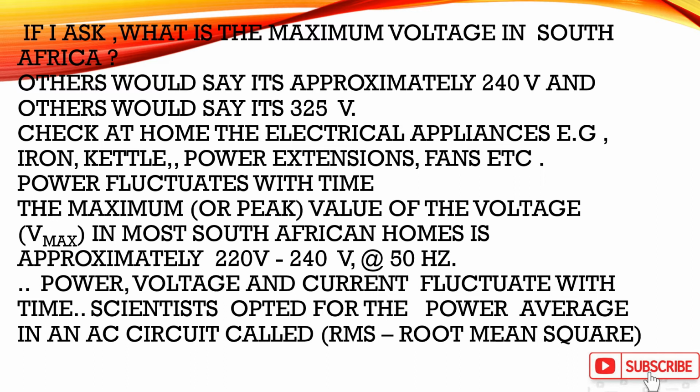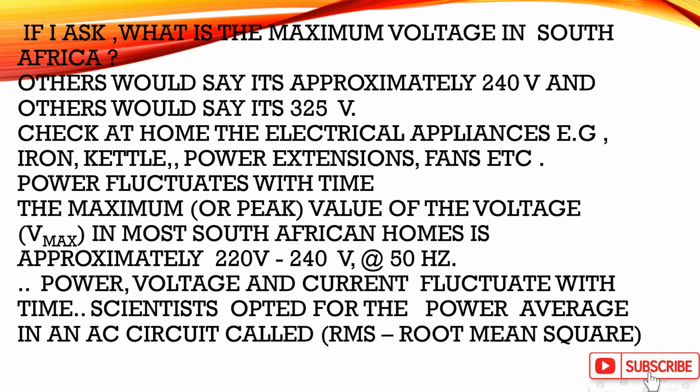If I ask, what is the maximum voltage in South Africa? Others will say it is approximately 240 volts. Others will say it is 325 volts. Check at home the electrical appliances, e.g. the kettle, the iron, power extensions, the fans, and so on. Power fluctuates with time.